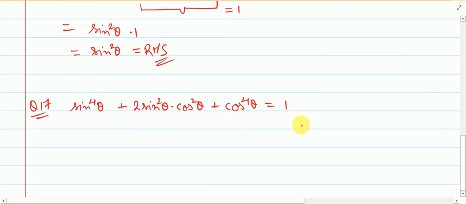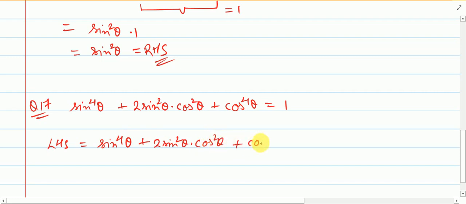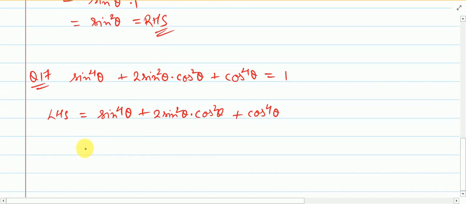Now here firstly let us write down the left hand side. So sine to the power 4 theta plus 2 times sine square theta into cos square theta plus this. Now this sine to the power 4 theta can be written as sine square theta into sine square theta. Yes.